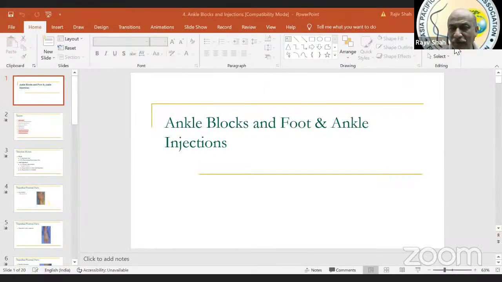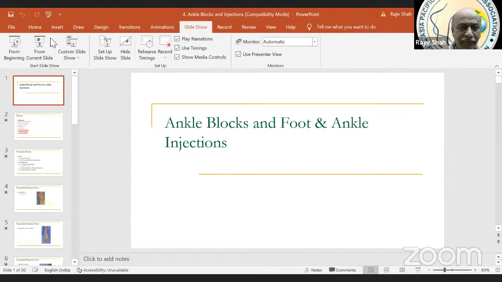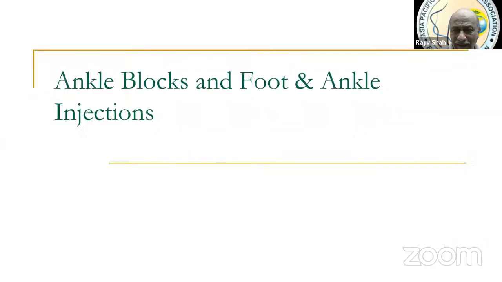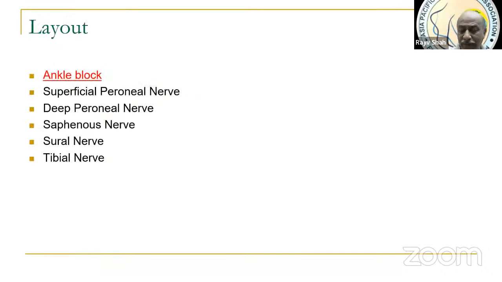So what I am going to first cover will be ankle blocks and foot and ankle injections. Typically, ankle block is very useful for all those patients who are not fit and who have a lot of medical comorbidities.